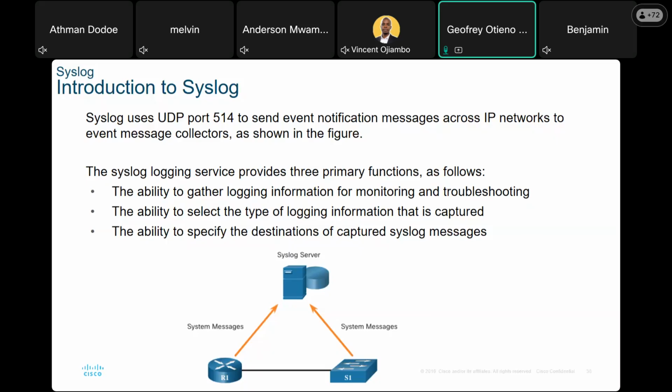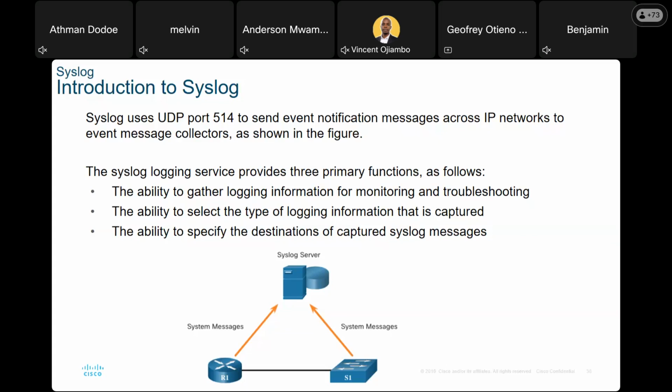The logging level. Sometimes you can even include the logging level because you have different levels. That also can be specified, ranging from something which is a bit severe to something that is harmless. Those levels, level 1, level 2, level 3, level 5, I think they are up to level 7.